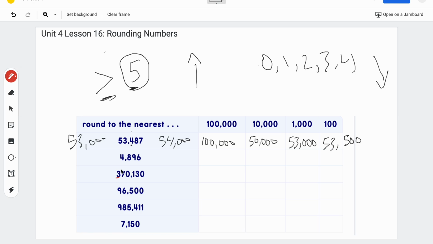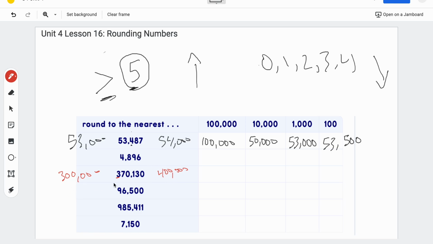So is this number closest to 300,000 or 400,000? Because this number is between those two numbers, right? It's between 300,000 and 400,000. But now I want to know, when I round it to the nearest multiple of 100,000, is it closest to 400,000 or 300,000?